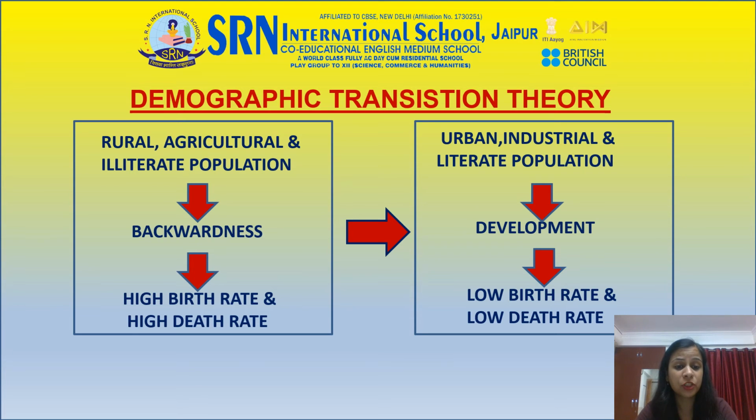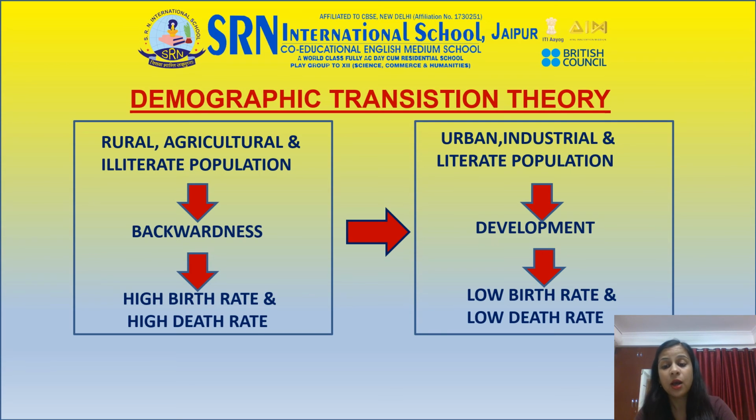From this phase, the transition took place towards an urban and industrial population, where people started migrating to urban places and choosing employment in industries. They also started gaining literacy. So from the phase of backwardness, they were moving to an era of development.